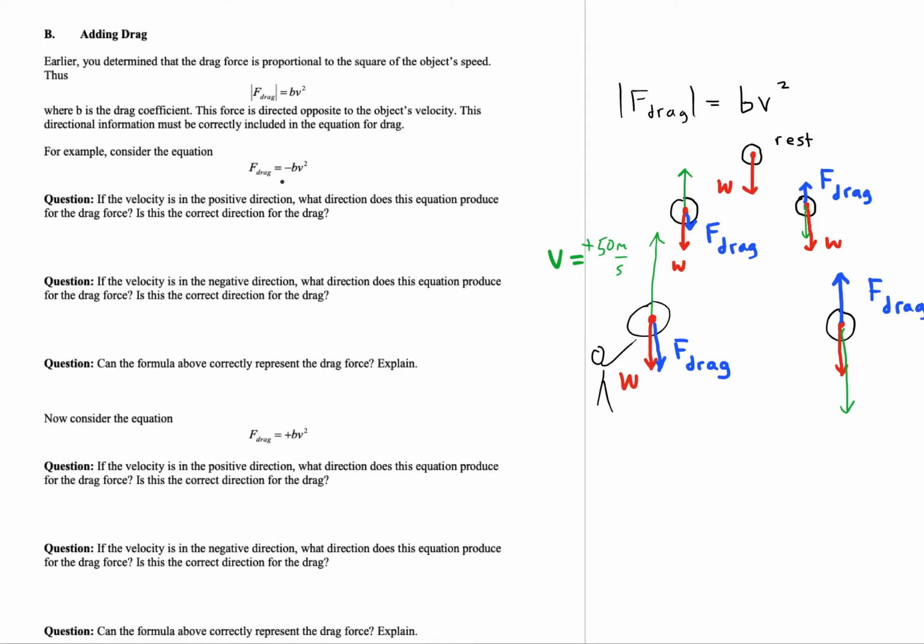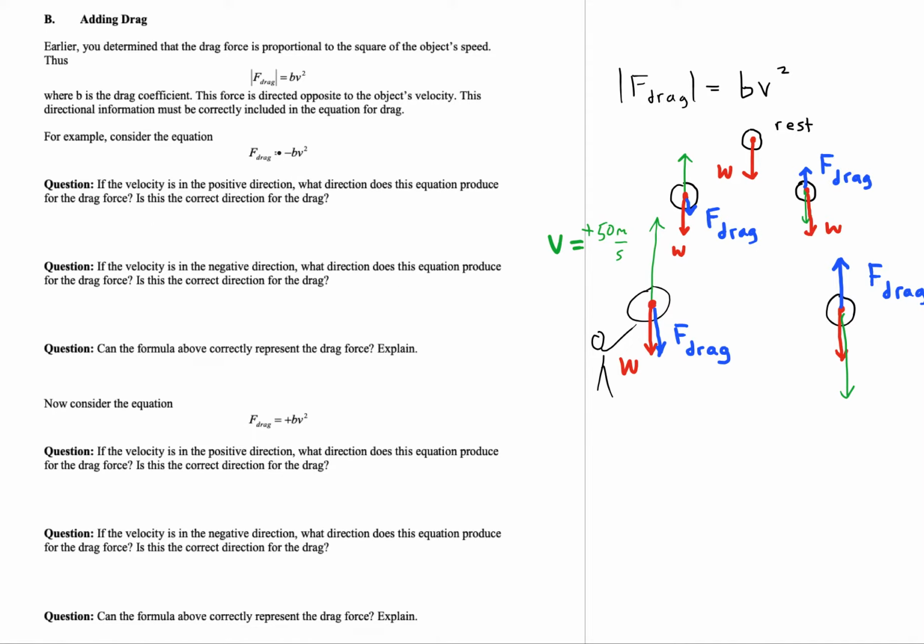And if you check out, let's say, this formula here, it says F drag equals negative BV squared. If the velocity is in the positive direction, then what direction would this equation produce? Negative, right? So that would work.